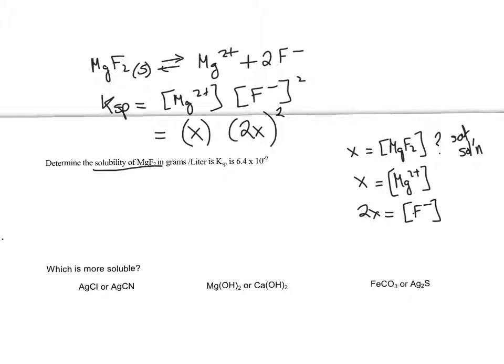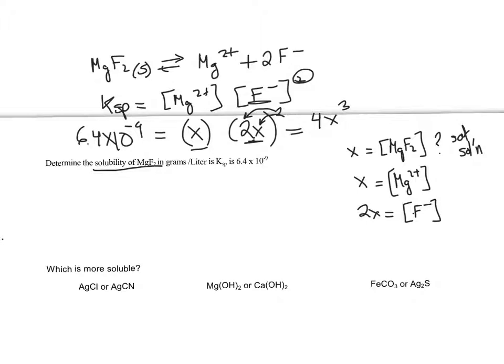My Ksp is given to me as 6.4 times 10 to the negative 9th. Remember that the concentration of the F minus itself is 2X, and so that whole thing is squared, which means that's 4X squared, and then times this X, so 4X cubed.